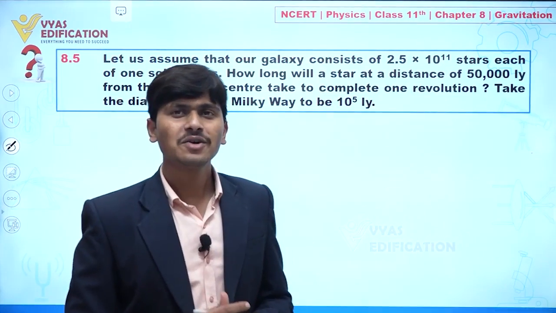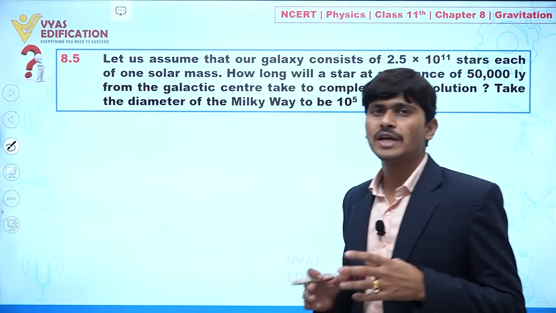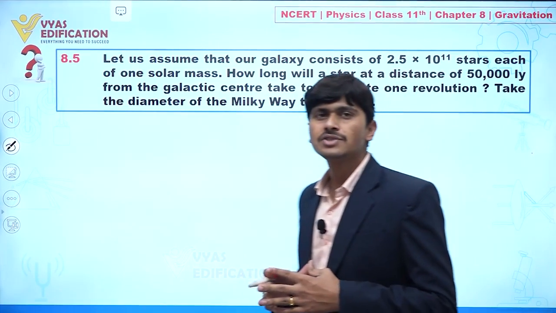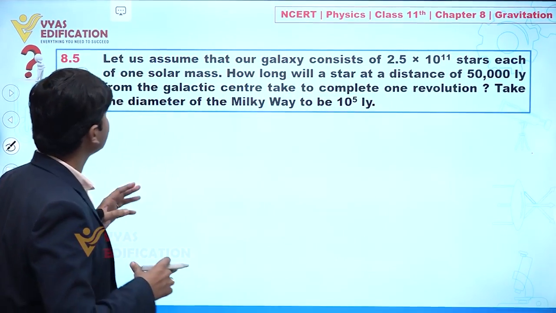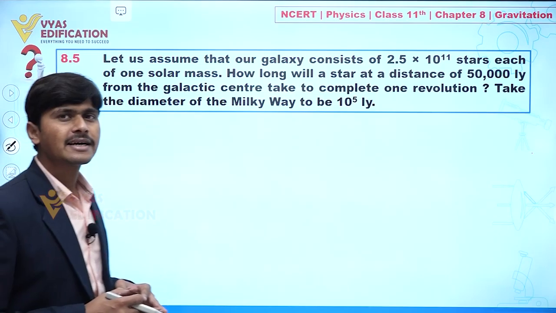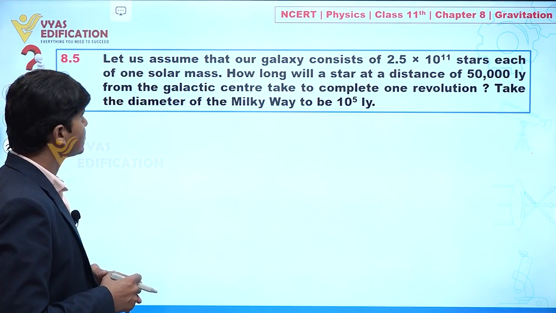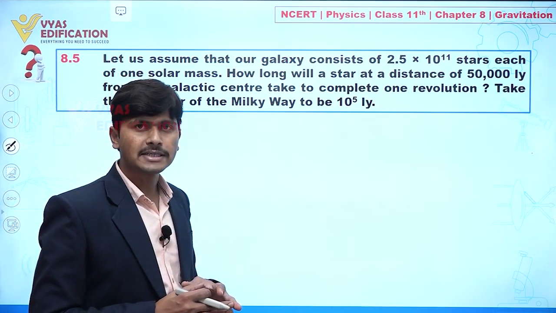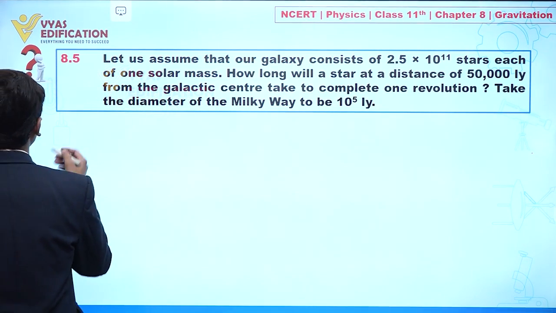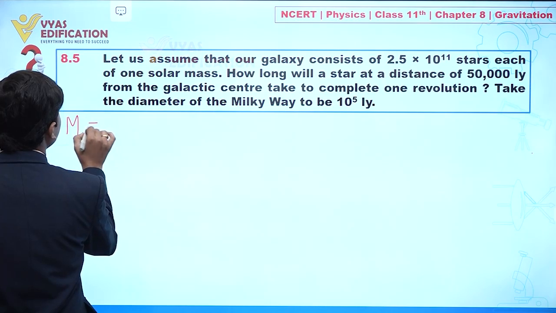Now dear student, we are going to discuss question number 8.5, and in this question it is given to you, let us assume that our galaxy consists of 2.5 into 10 to the power 11 stars, each of one solar mass. Clear? So now we can say what is the total mass of the galaxy. Clear?